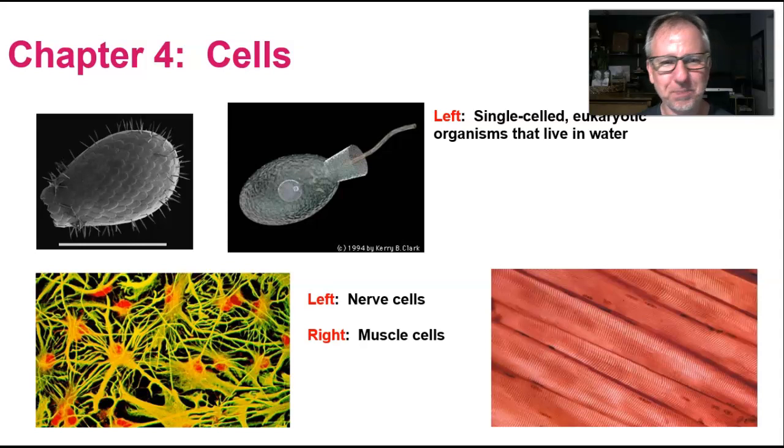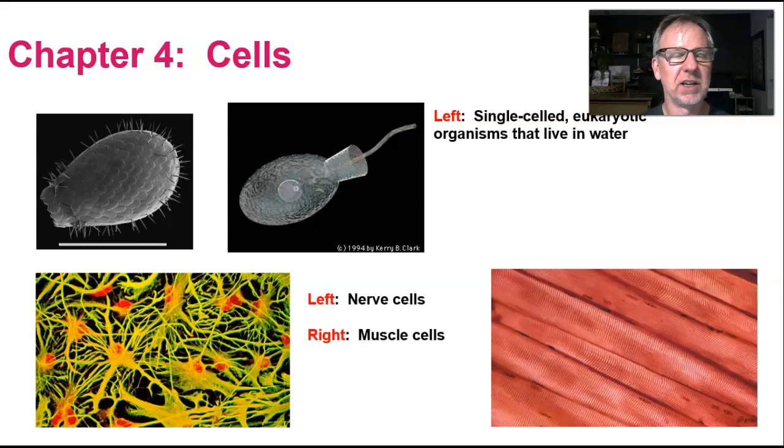So this introductory slide is showing you a few different kinds of cells. There are so many different shapes and sizes and appearances of cells on Earth that it's unbelievable. So this is just a tiny little taste. The two upper cells, as I labeled there, are both single-celled eukaryotic organisms that live in water.